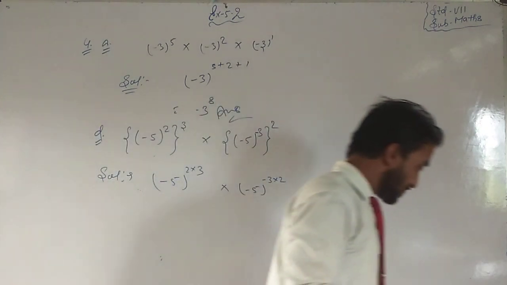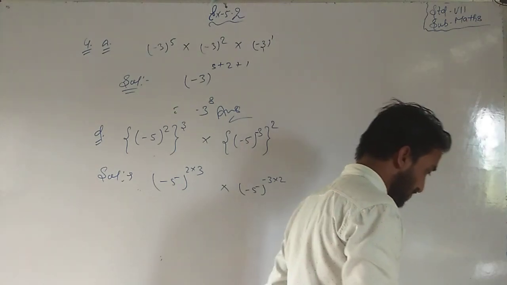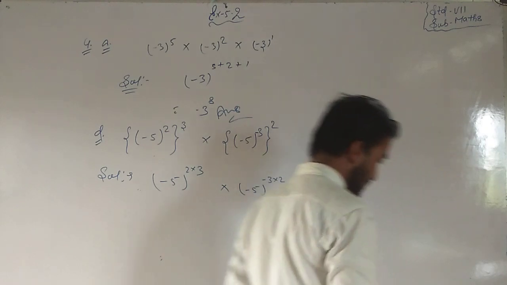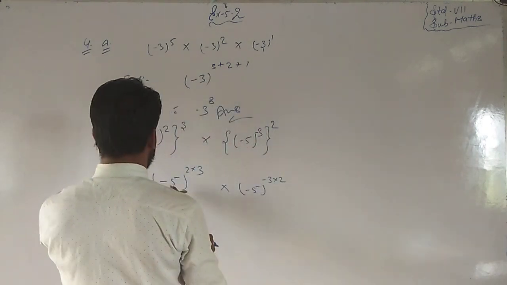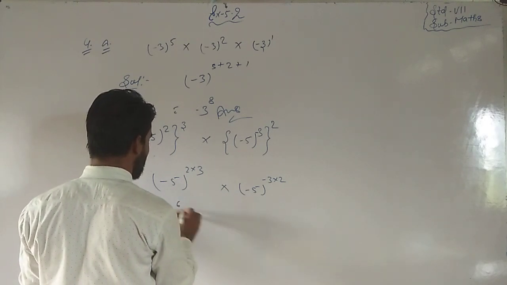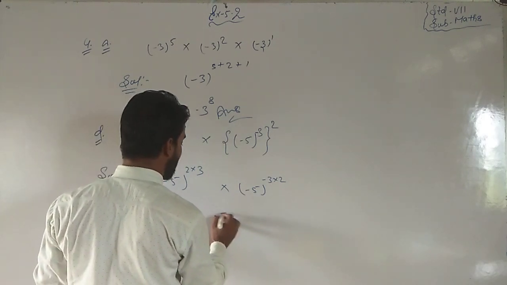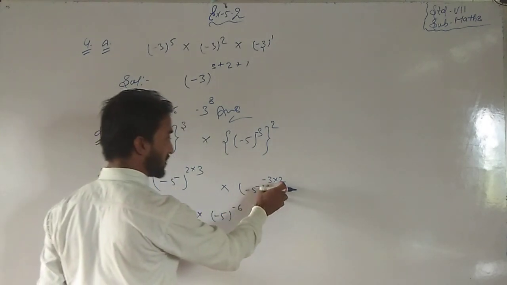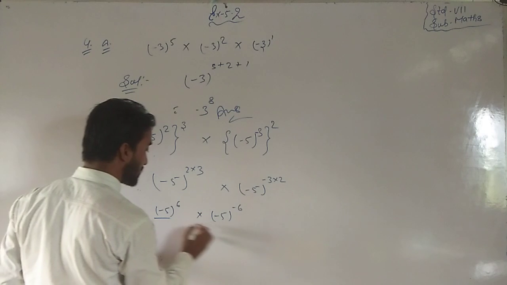See students, we get (-5)^6 into (-5)^-6. Am I right? See. Now the base is the same.